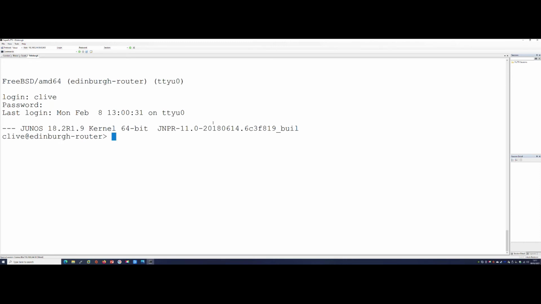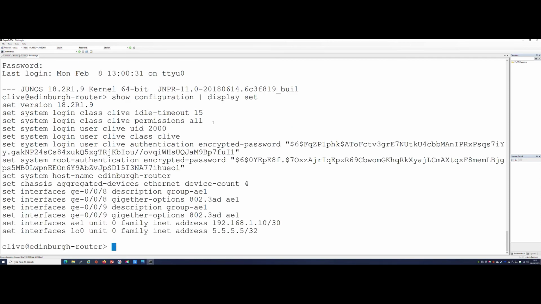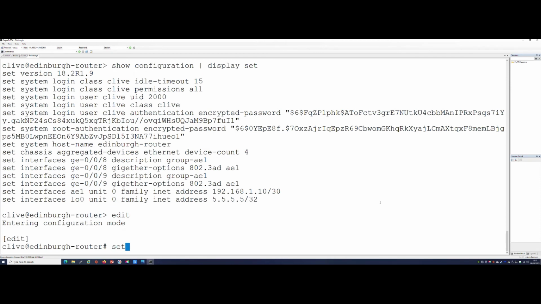So on Edinburgh, let's have a look at the config as well so that you can see what we've got on here. As you can see, we've just got the normal configuration. There's no actual IS-IS on there. So let's go ahead and do that. Let's set our NSAP net address first.